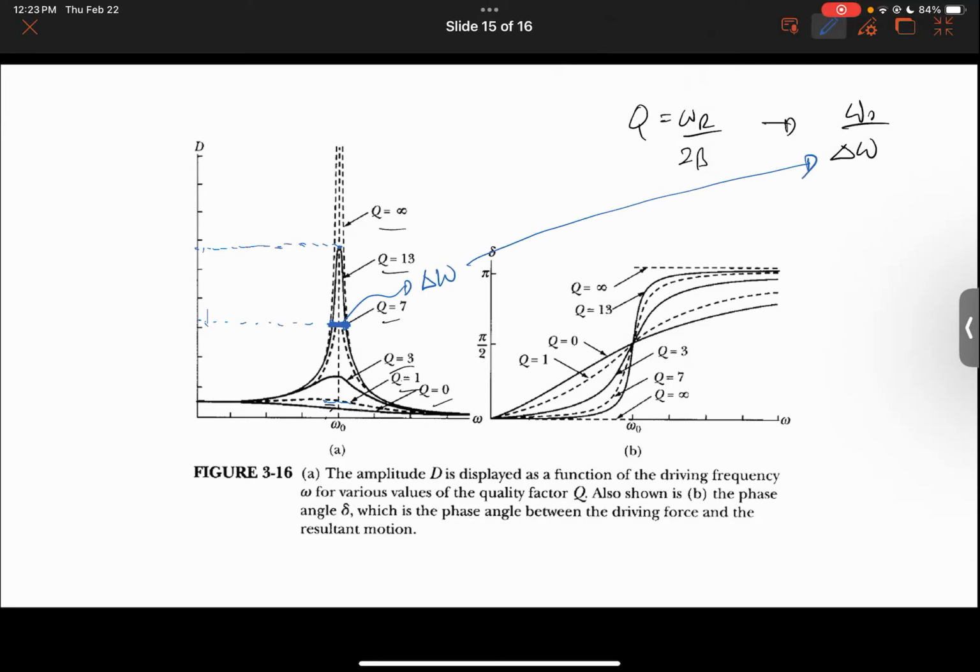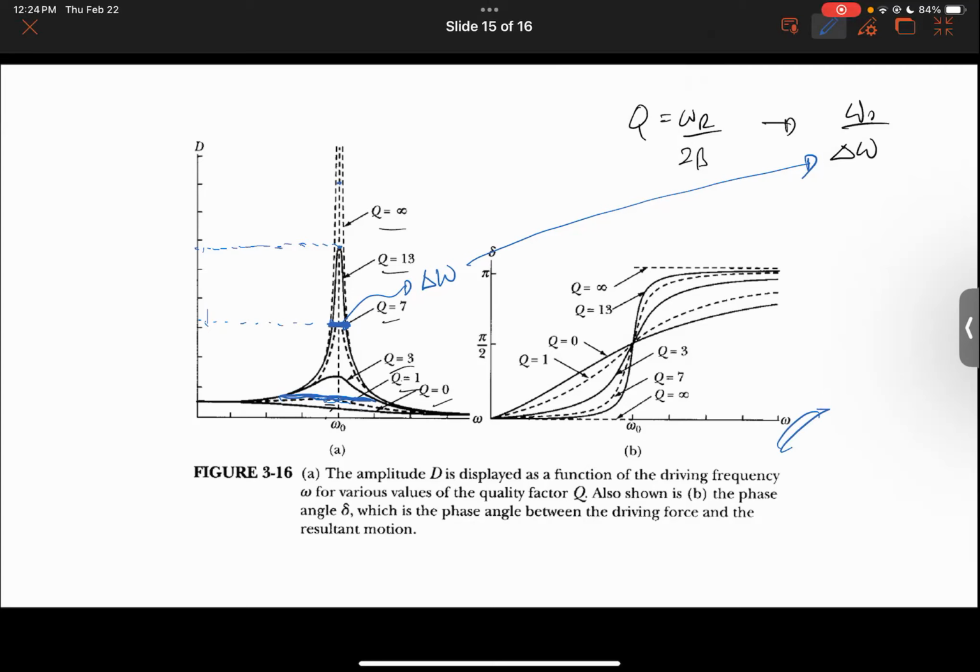So makikita nyo na as the width decreases, the quality factor increases. And that's what you see here, di ba? Dito, yung width ay sobrang lapad, but the quality factor is low. And dito, the width is so small, that's yung quality factor ay sobrang taas naman. The second graph shows you yung delta as a function of omega. So basically, this is just the tangent, di ba?